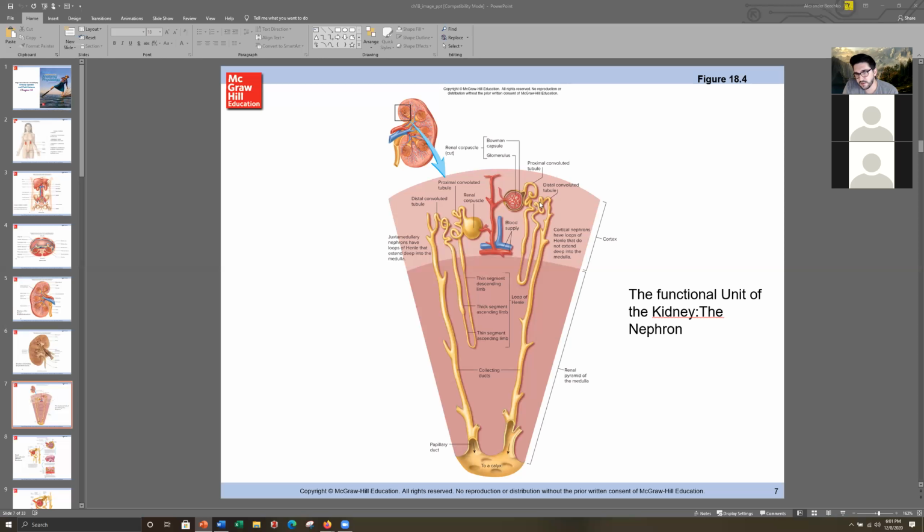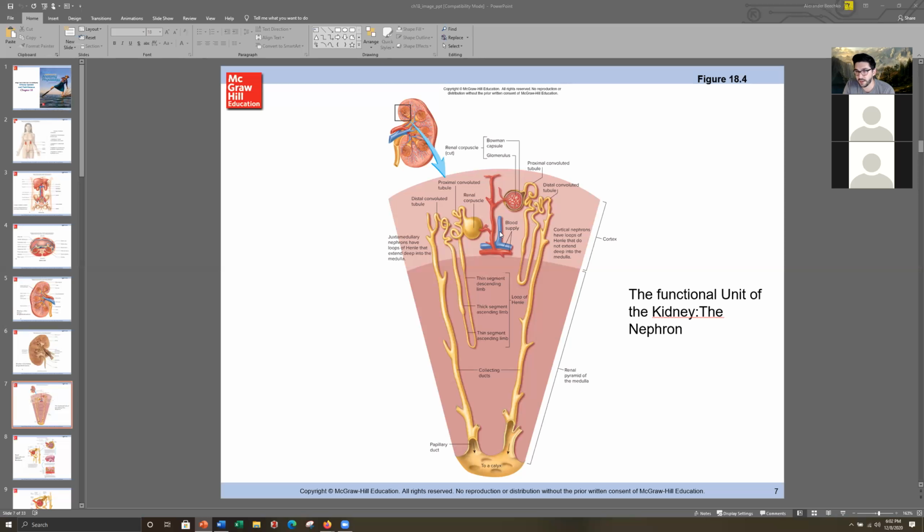So as the filtrate passes through the nephron, we'll talk about this more, but around 180 liters of filtrate pass through all of our nephrons every single day, right? And then at the end, once all of that has passed through, we're left with only about 1% of that initial 180 liters.